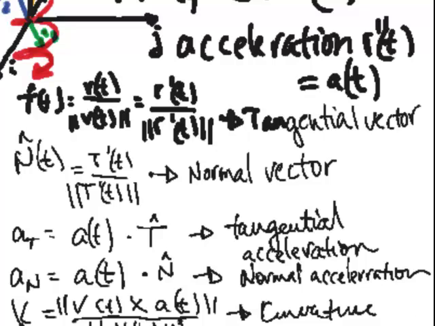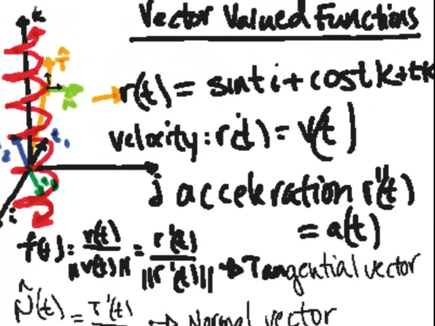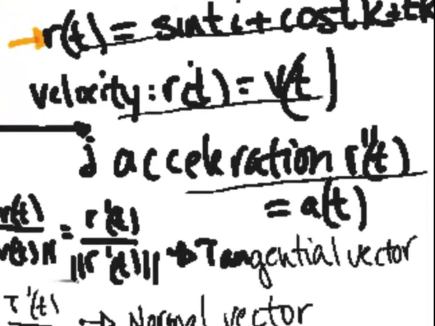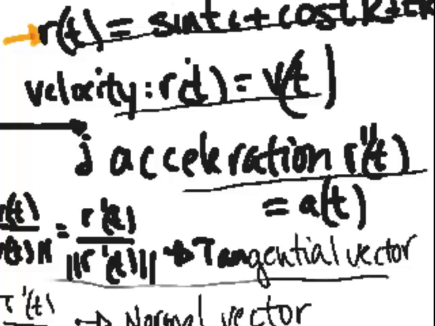So basically, one more time, we're going to have a position equation that describes the path of a moving point, and you can derive that position equation to get the velocity, take the second derivative to get the acceleration, and then we can do the velocity over the magnitude of the velocity, get the tangential vector, that's a vector tangential at any given point, and then do the derivative of said tangential vector over that magnitude to get the normal vector.